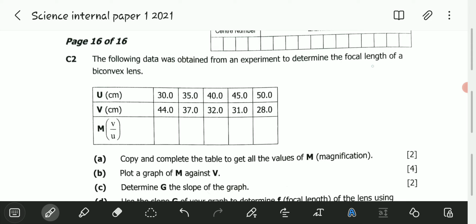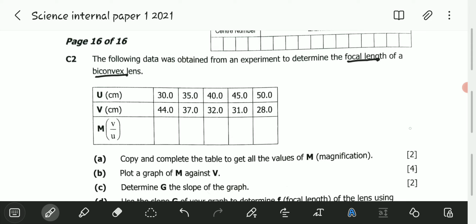Here the main focus is to determine the focal length of a biconvex lens. If we understand what a biconvex lens is, then we know what we're talking about. However, if you don't know the type of lens, there is no need to worry. This question does not require you to illustrate what this kind of lens looks like.